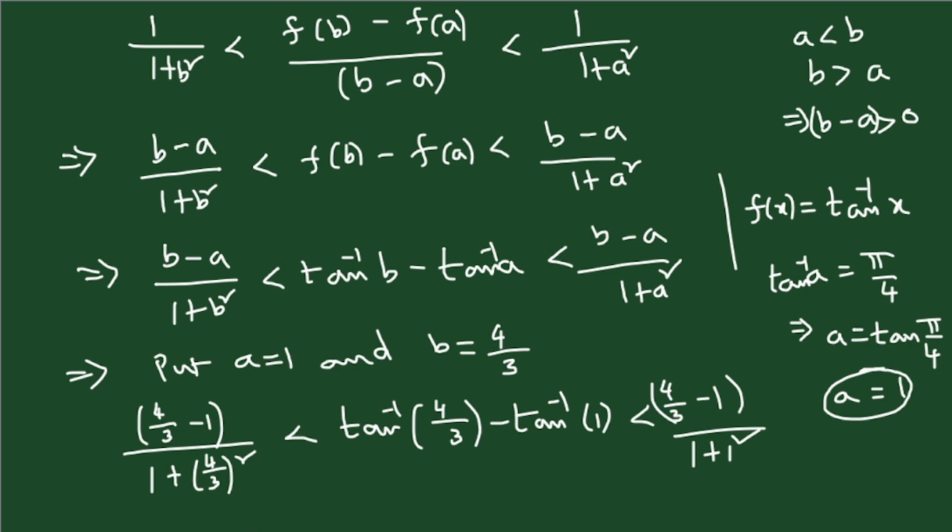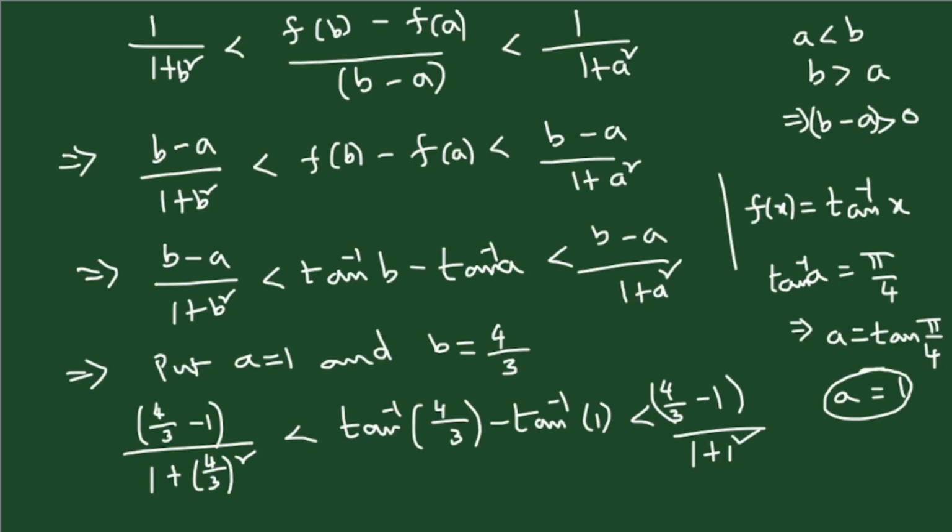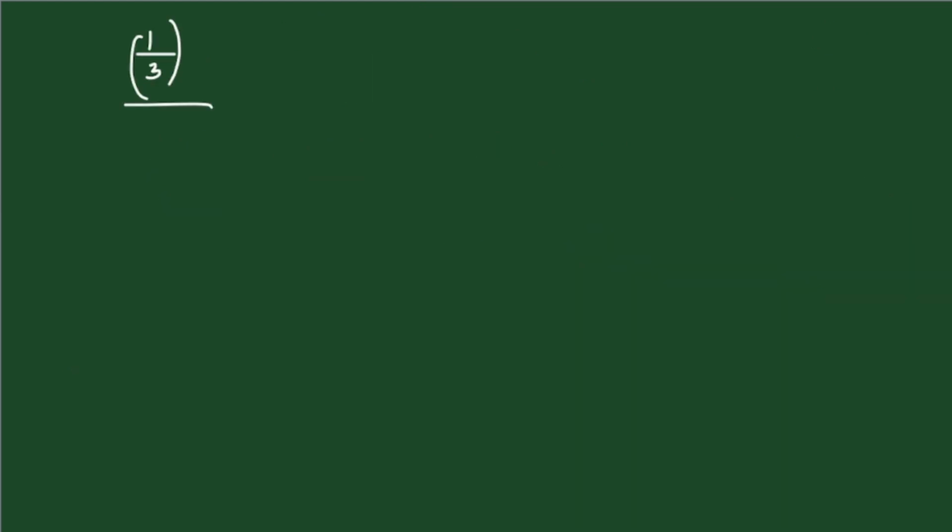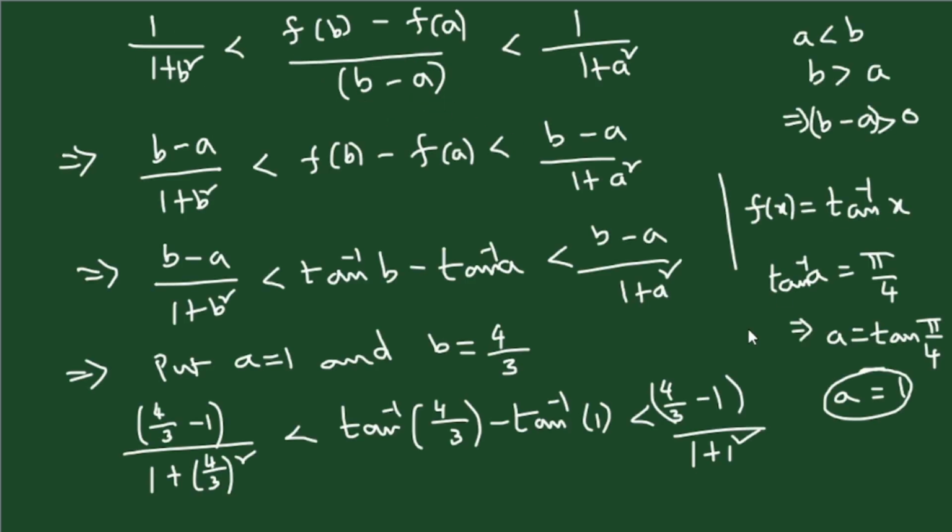Now, this 4 by 3 minus 1 is 1 by 3. So in the numerator is 1 by 3, and in the denominator you have 1 plus 16 by 9. If you take the LCM, you will get 25 by 9. So it is 25 by 9 in the denominator, less than tan inverse 4 by 3 minus, what is tan inverse 1? Tan inverse 1 is pi by 4 because a is 1, right?